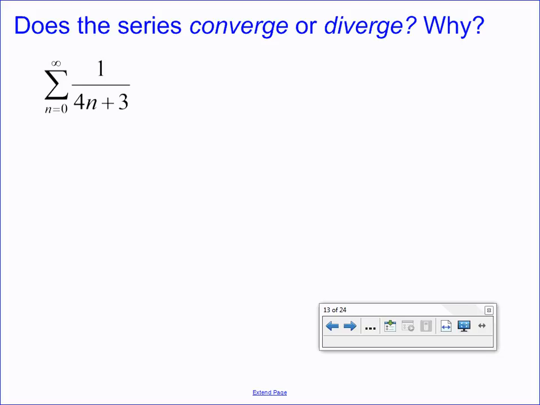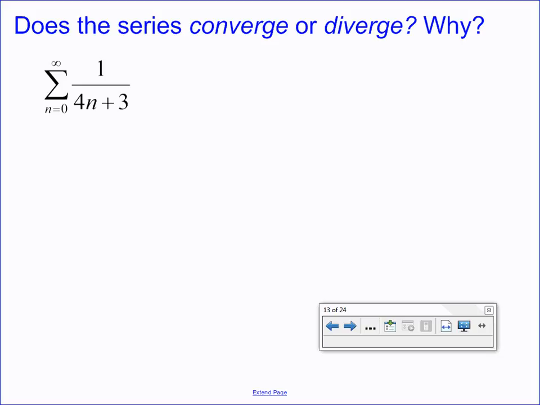However, can I use direct comparison for this? Well, that plus 3 on bottom does what to the denominator? A little bit bigger, which makes the value of the fraction a little bit smaller, which is what I want if I'm using direct comparison to show convergence. But I'm trying to use direct comparison to show divergence, so I need to be bigger than my known series. This is slightly smaller than my harmonic series, which I know to diverge. So can I use direct comparison?